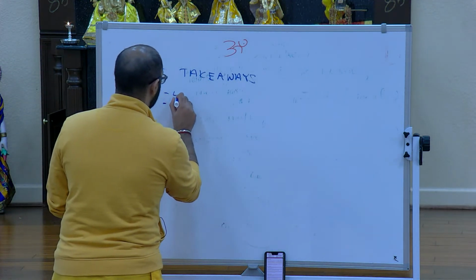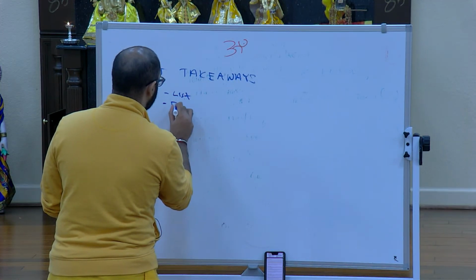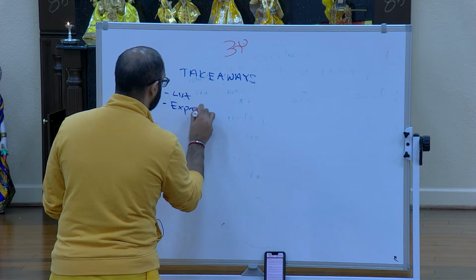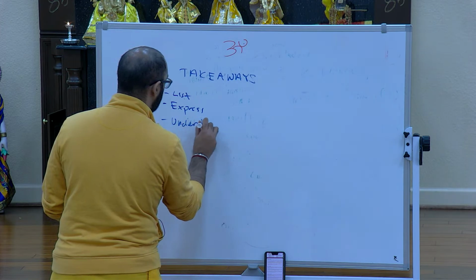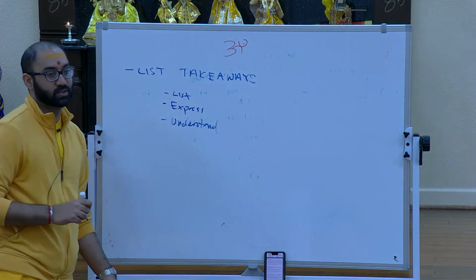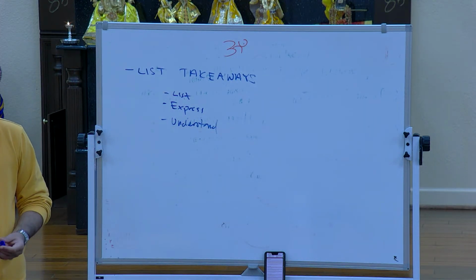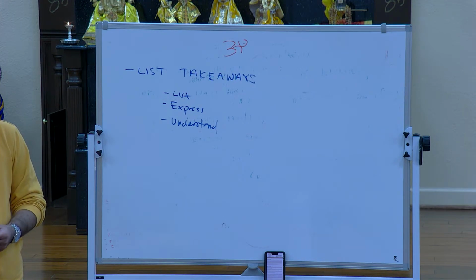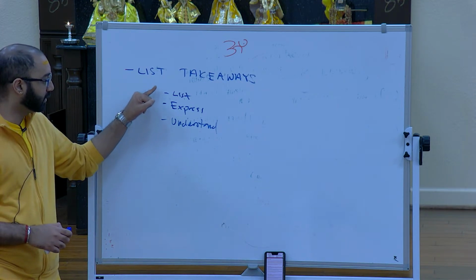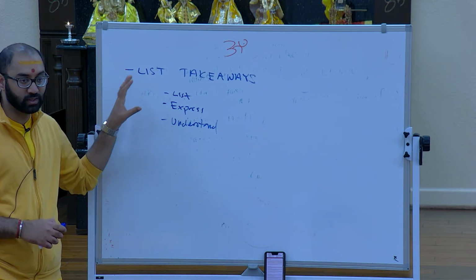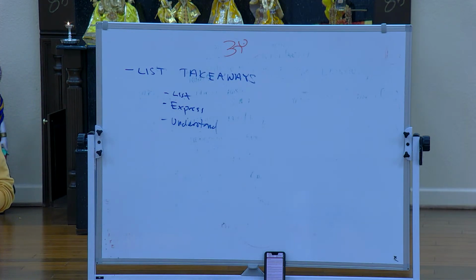Whether that means they should be able to list something, verbalize and express something, or understand a nuance in a situation, make it verb-based. So it's not so general, like a topic just laid out there. A takeaway is the actionable thing the kids should be able to do after that lesson.